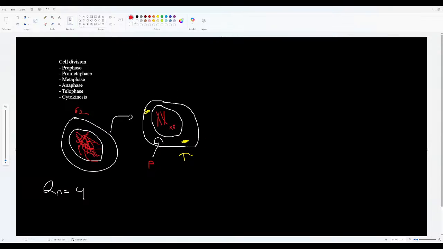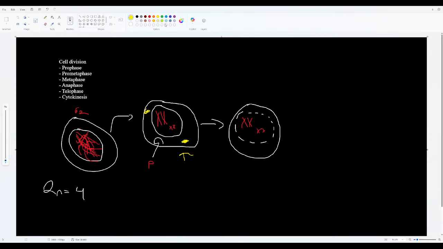So now we're going to move into prometaphase. During prometaphase, we have the nuclear envelope, the nucleus, being dissolved, and we have our chromosomes that are condensed from the previous step.